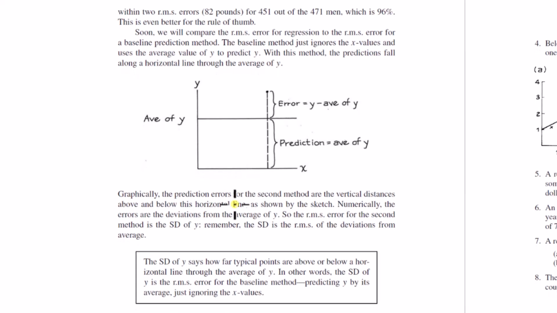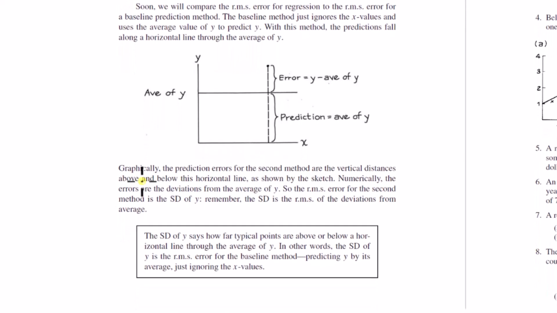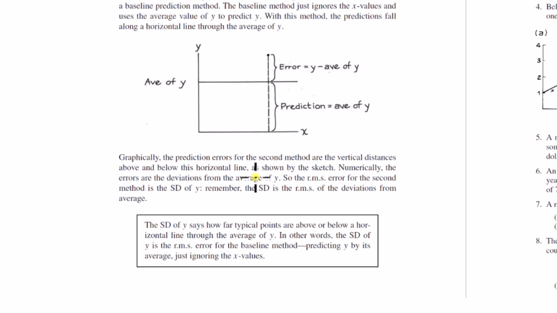Graphically, the prediction errors for the second method are the vertical distances above and below this horizontal line, as shown by the sketch. Numerically, the errors are the deviation from the average. So the RMS error for this second baseline method is just the standard deviation in the Y. That's the RMS of the deviations from not the regression line average, the actual average. That's what standard deviation is. And that's why the RMS error is very similar to the standard deviation.